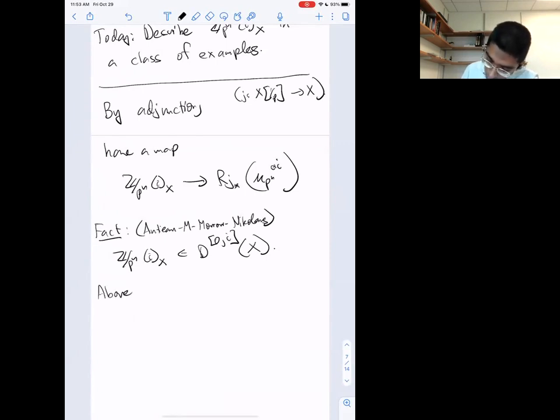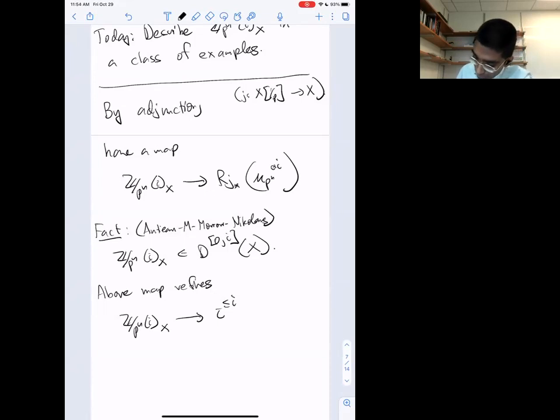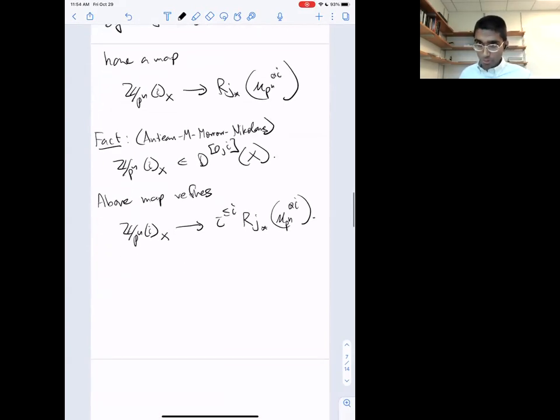The above map refines to Z mod p^n twisted by i to tau less than or equal to i of Rj lower star mu_{p^n}^{⊗i}, by connectivity. Okay, so that's the first refinement, and now we're going to use one more fact.